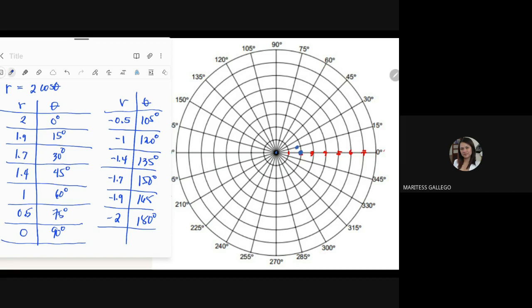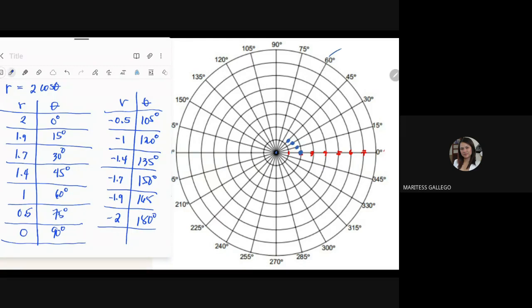Okay, that's 1.9. And then, if it is 30 degrees, sa may line tayo ng 30 degrees, 1.7. Ayan, 1.7. Masyadong close kasi, pero paliit siya ng paliit. And then, pag 45, 1.4. And then, pag sa 60, 1 na siya.